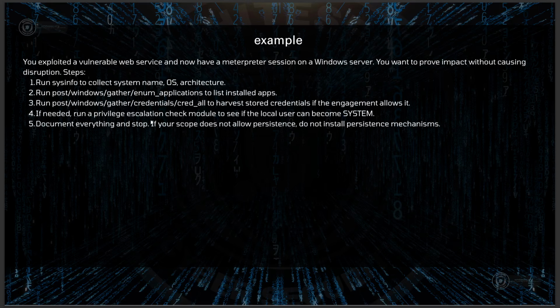If needed, run a privilege escalation check module to see if the local user can become SYSTEM. And document everything and stop. If your scope does not allow persistence, do not install persistence mechanisms. Hope you guys get it about post-exploitation as well.